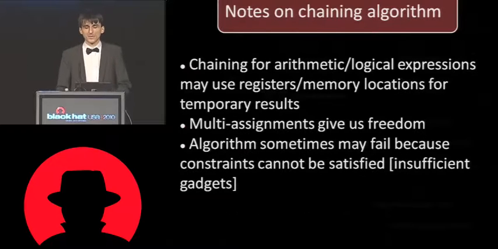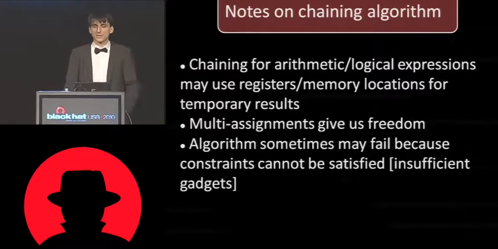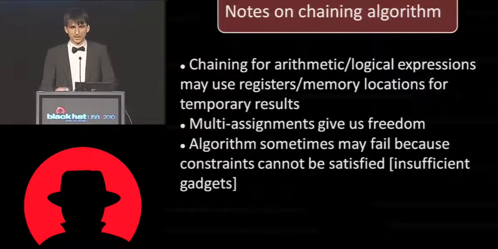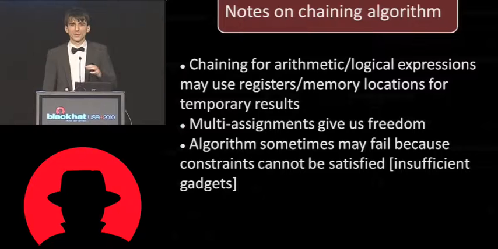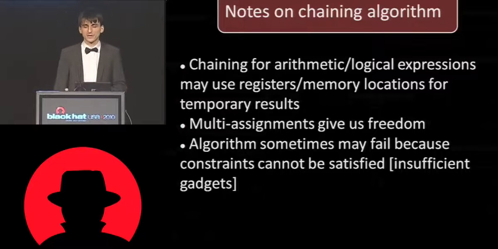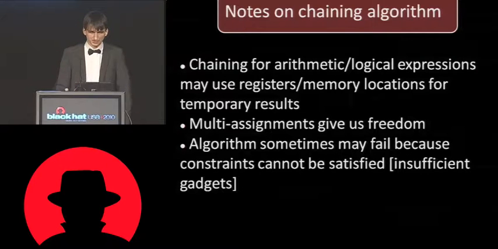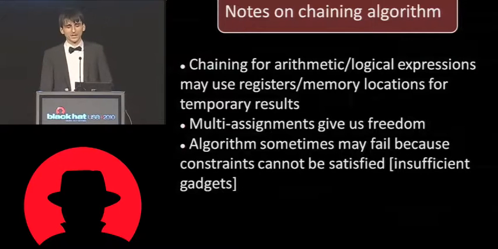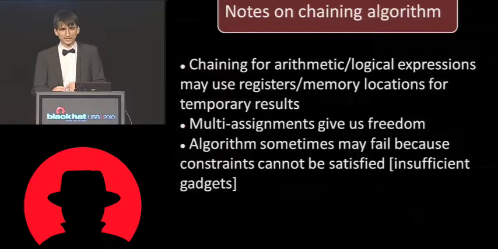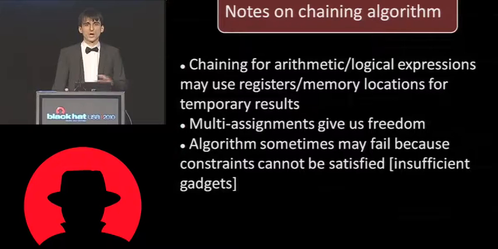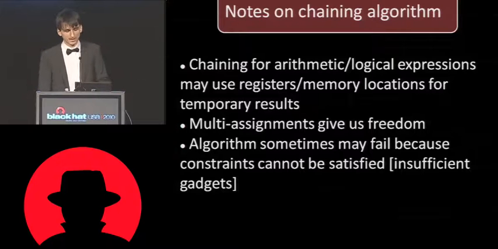Okay, so some notes on the chaining algorithm that we use at the moment. It will obviously use registers, but also memory locations as scratch for temporary results. The multi-assignments give us the freedom that we need. Without the multi-assignments, some of the demo programs that we have would not compile with the gadget sets that we have.